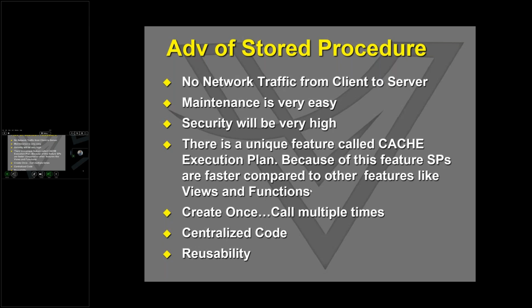When you create a stored procedure, whatever result we are going to get is stored in the cache, in the memory, first. When we call that stored procedure, it will get the data from that memory. That is why it is very, very fast.